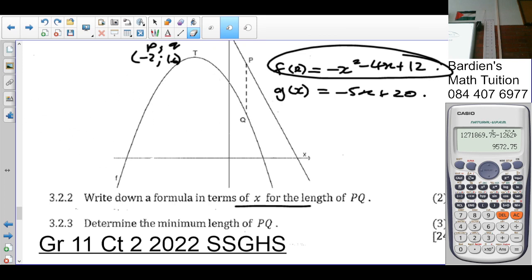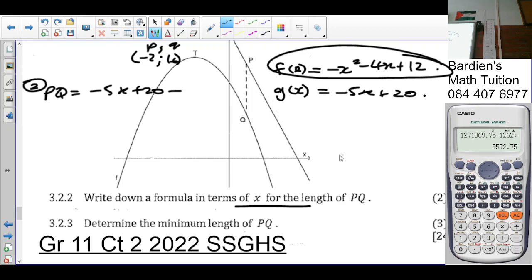Alright, so number 2, for us to write an algebraic expression for that line PQ, it's always the top graph minus the bottom graph. So it's the g of x graph, which is negative 5x plus 20, minus the f of x graph, which is negative x squared minus 4x plus 20.